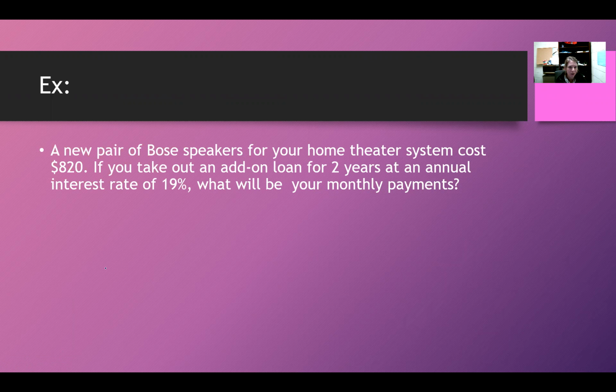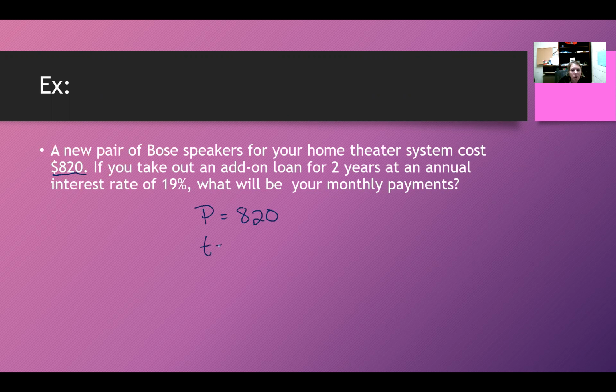If you're going to take out an add-on loan for 2 years at an annual interest rate of 19%, what will be your monthly payment? Okay, so let's fill in what we know. We know that we have a cost of $820, so that's going to be your P.